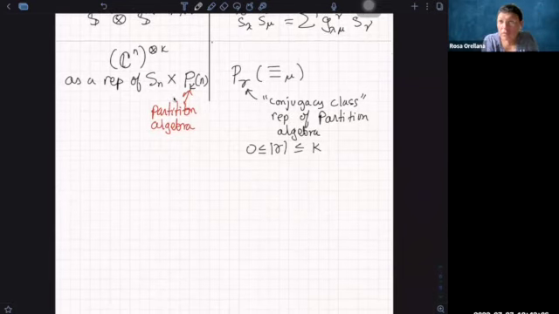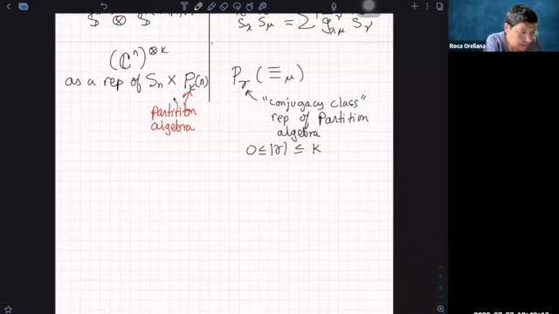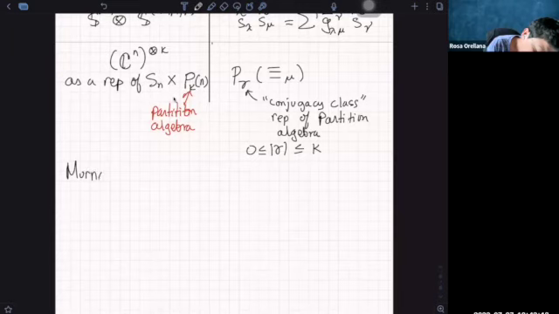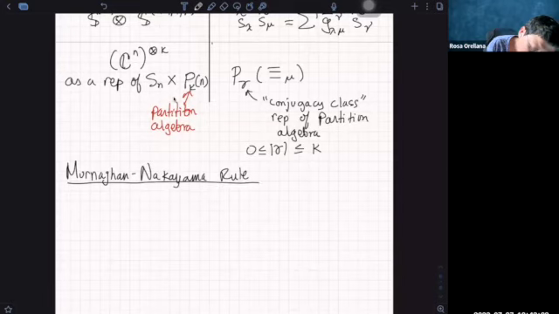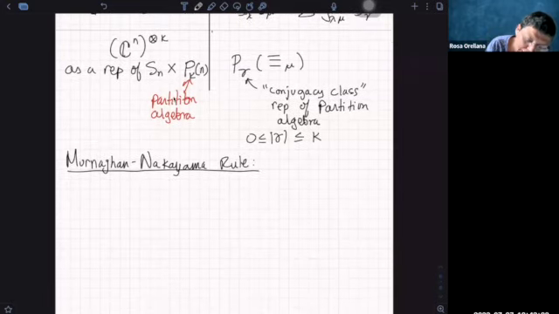I'm looking at the time, and what I want to show you is that there is a Murnaghan-Nakayama rule for expanding this.